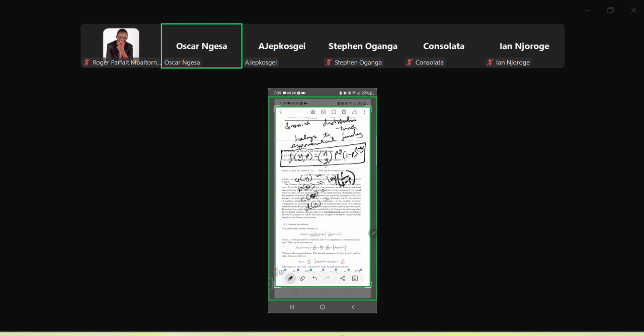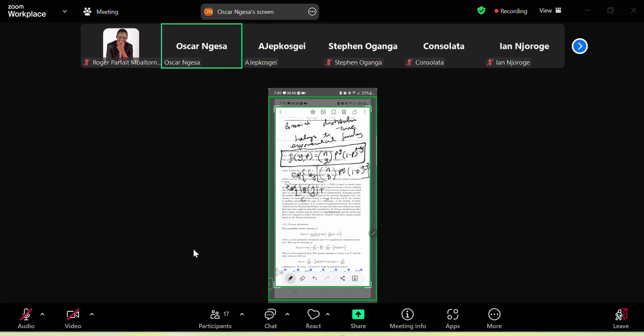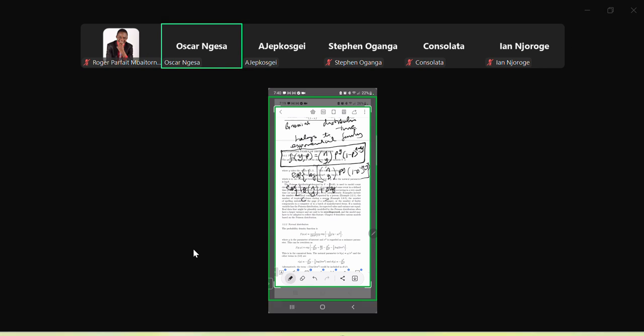Okay, so let me try and do it here quickly. So we introduced log. We have exp log n choose y, p^y, 1 minus p raised to n minus y, right? So we'll have exp of log n choose y plus y log p plus n minus y log 1 minus p.